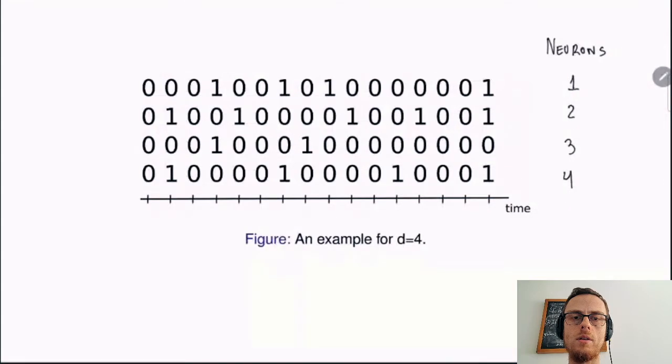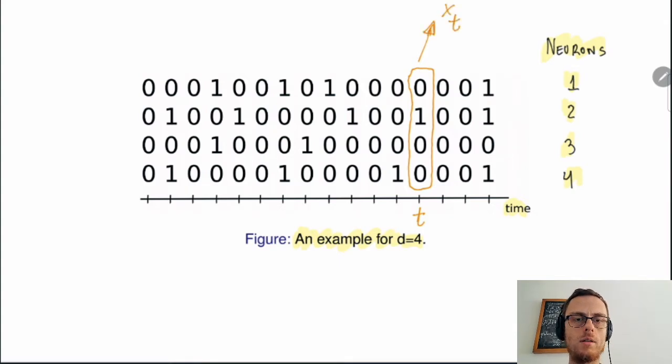To illustrate this notation, let us consider an example with D equals 4. We have here on the x-axis the time and on the y-axis the neurons: neuron 1, 2, 3, and 4. Let us suppose the time t is here. In this case, the configuration of the network at this time is the vector 0, 1, 0, 0. So this is X_t.